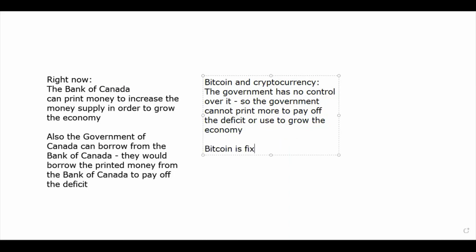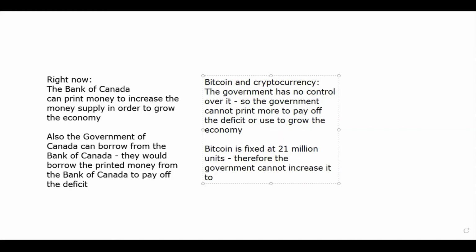Bitcoin is fixed at 21 million units. Therefore, the government cannot increase it to pay off debts or grow the economy.